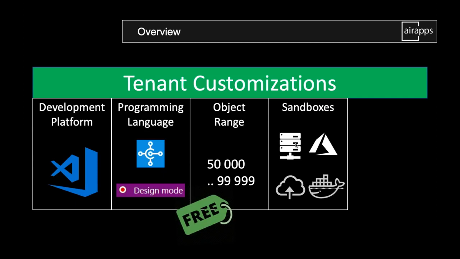The last option, you can use a Docker container. So you can create a container on your VM or your local machine and use it as a sandbox for Business Central and deploy your tenant customizations there and test there.